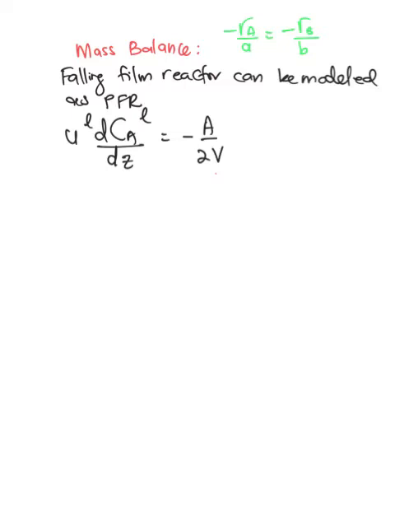So negative A per 2V, or you can write it as A over negative 2.